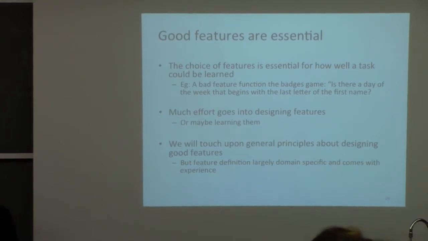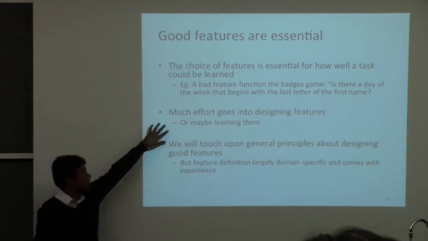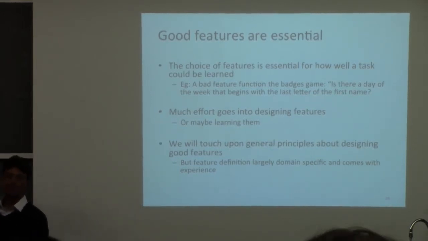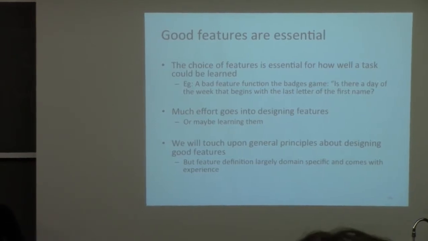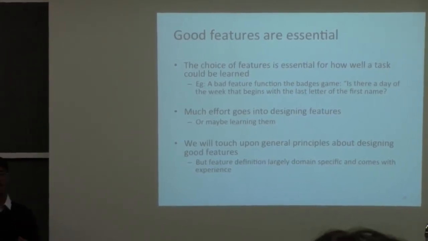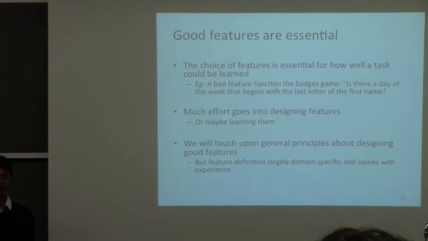Does it make them an art? Sort of. It is a bit of an art. It is also a scientific question, in the sense that when I talk about learning the feature functions, the best feature representation for this task is the one that helps me best classify it.